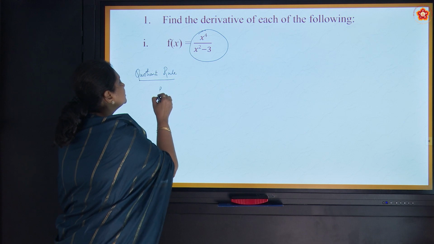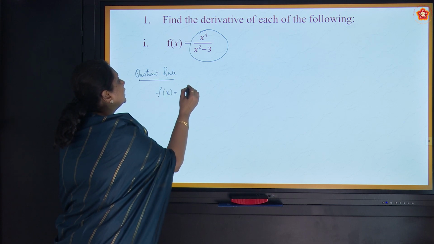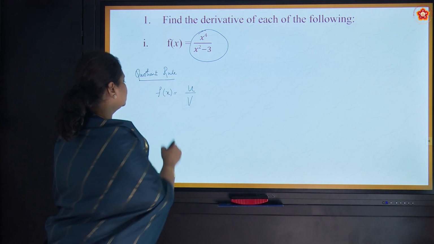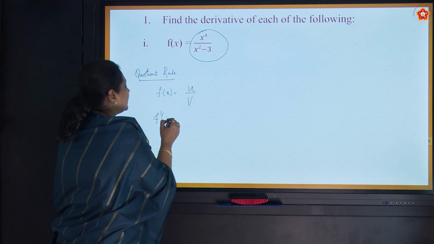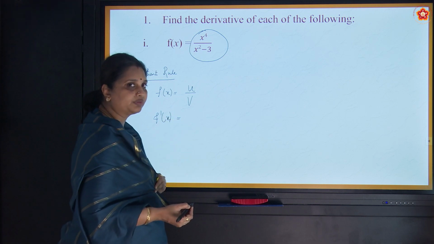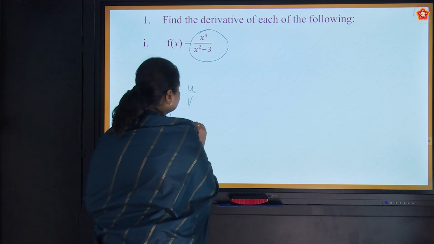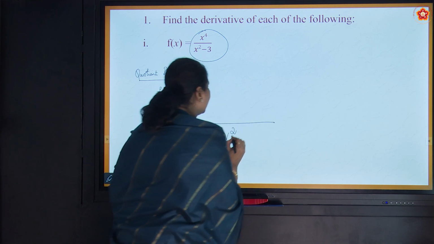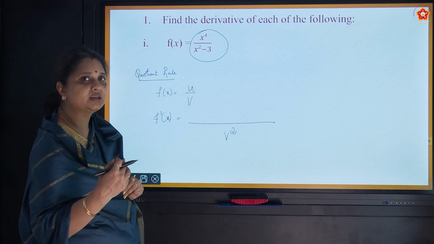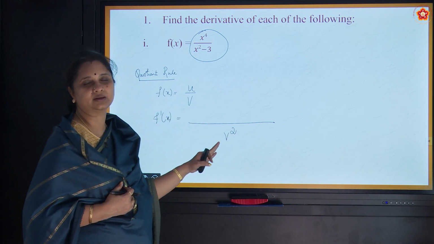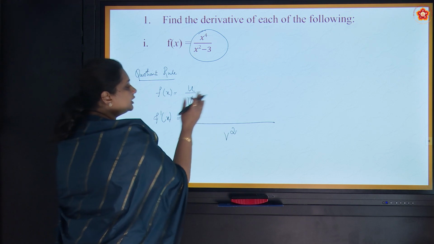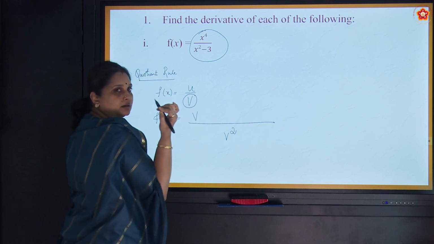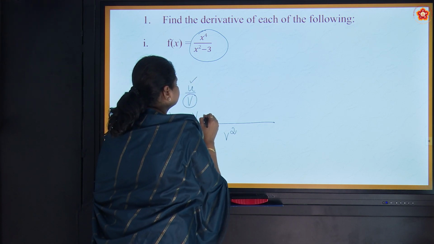When a function is given in u by v form, one in the numerator and one in the denominator, when you differentiate it with respect to x, or find the derivative of f of x, what you're going to do is, first, keep the denominator squared as the derivative's denominator. Then in the numerator, keep the denominator a constant and differentiate the numerator.